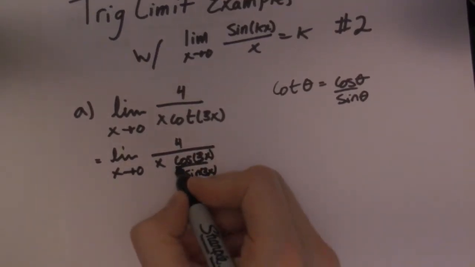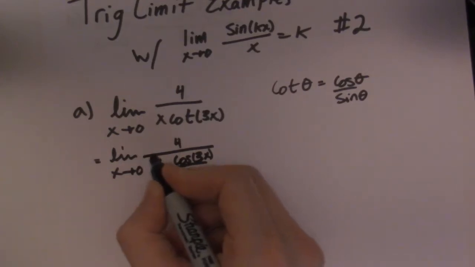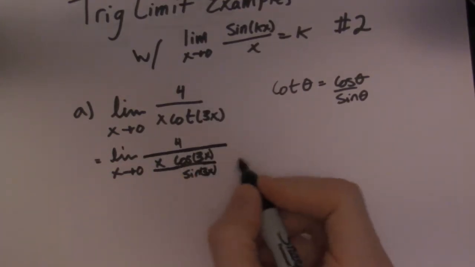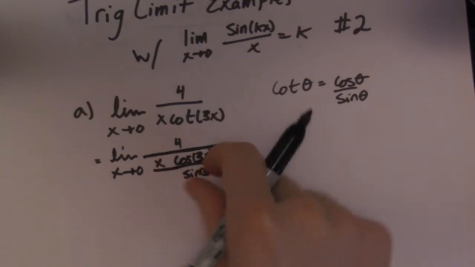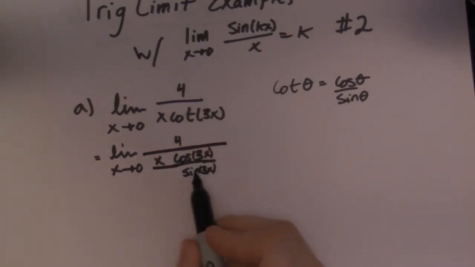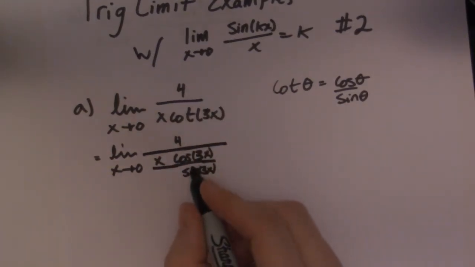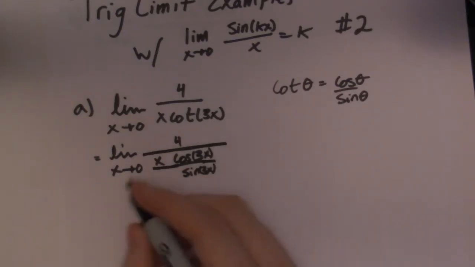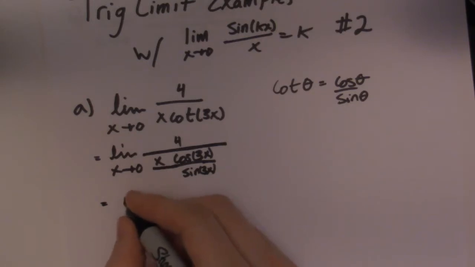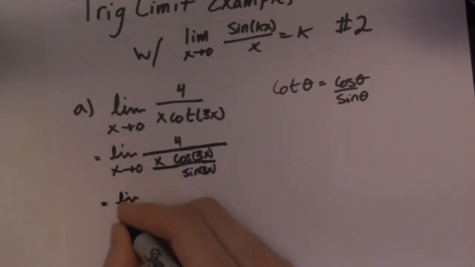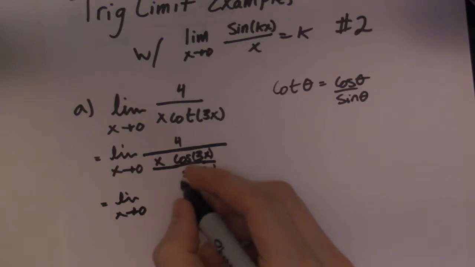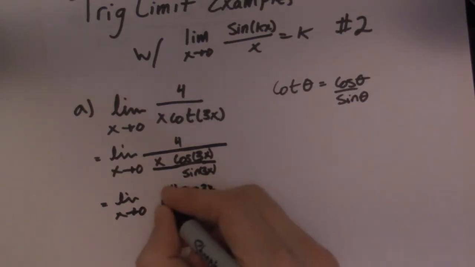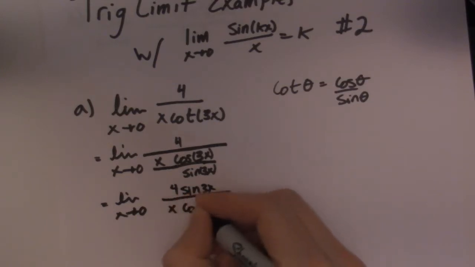Now this looks a little bit silly, so I'm going to just drag it across. What I want to do is flip this and multiply. That's going to rocket this sine 3x to the top when I flip and multiply. So it becomes the limit as x goes to 0 of 4 sine 3x all divided by x cos 3x.